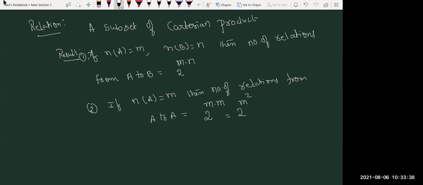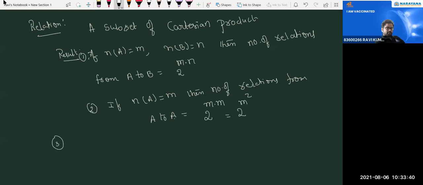Now, result number 3. I'm giving an example of a relation: x comma 1, z comma 3, t comma 1, q comma 2.